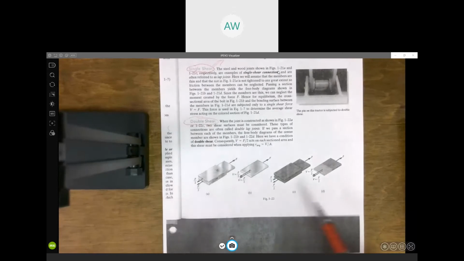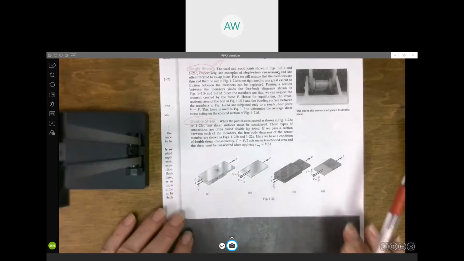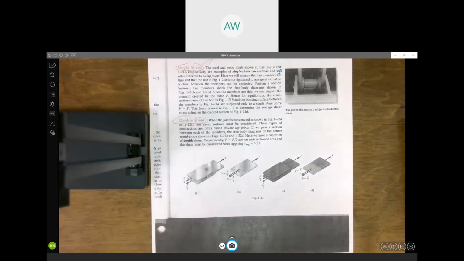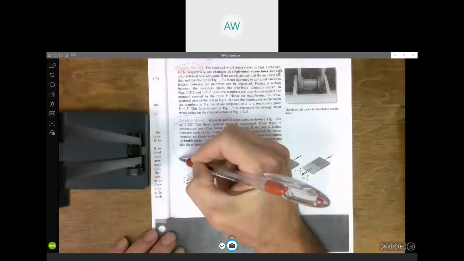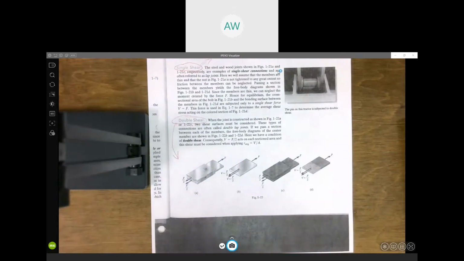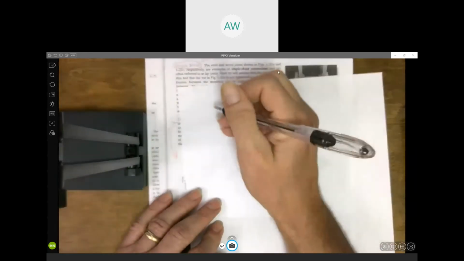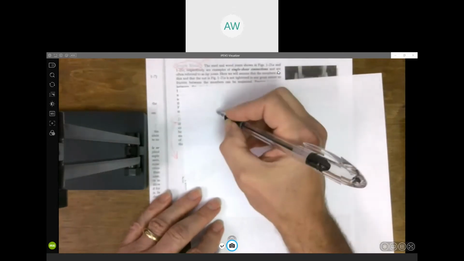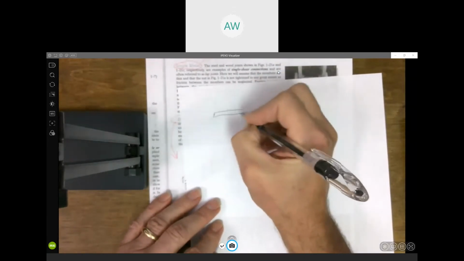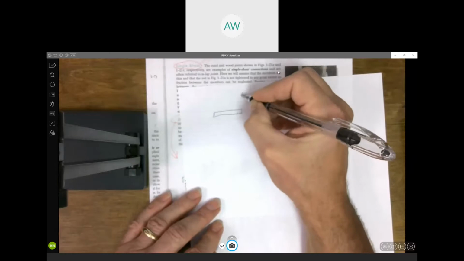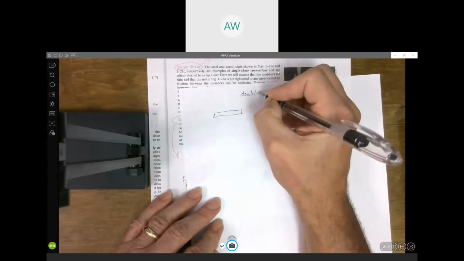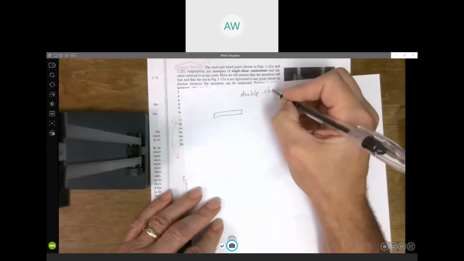Again, this is a nice 3D picture of what we would consider double shear, as opposed to what we talked about up top with those pictures of single shear. So here again, I can draw a good picture in 2D. I'll come back and look at the 3D picture in a second. But again, this is what we consider called double shear.